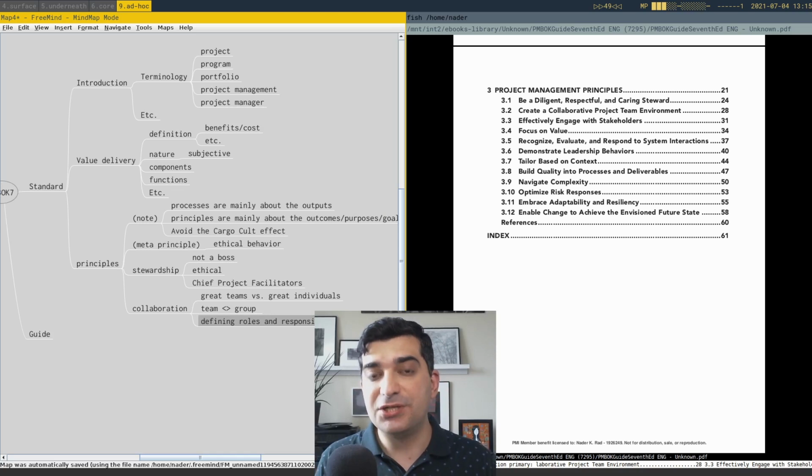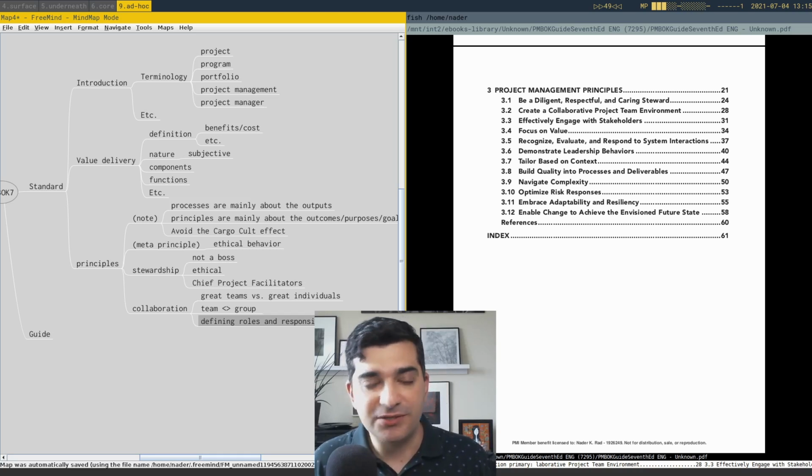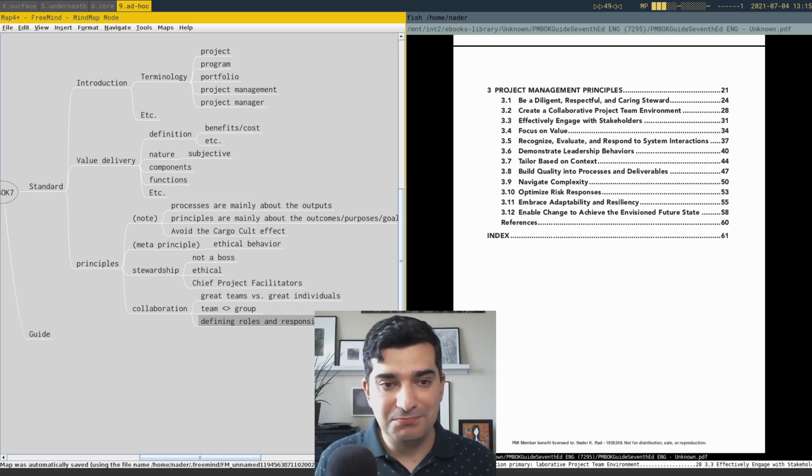In any project, we need people to know what is expected from them and what they can expect from the others. Now, sometimes your roles and responsibilities are extremely simple, for example, like Scrum. And sometimes it's more complicated, like DSDM or Prince 2. But it's always there. And you need to pay attention to that.